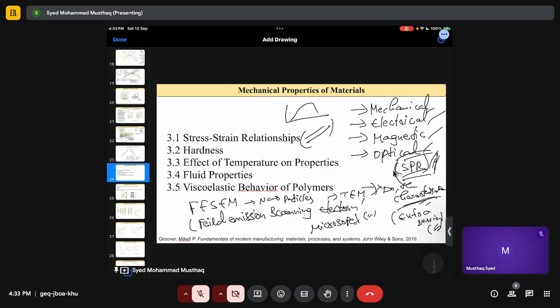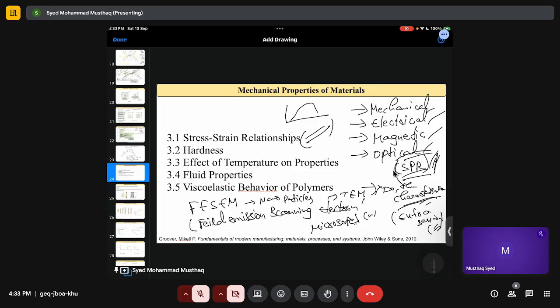From hardness testing, you get the hardness value of the material. From tensile testing, you can get many things: yield strength, elastic modulus, the flow curve, the deformation flow curve constants, and more.